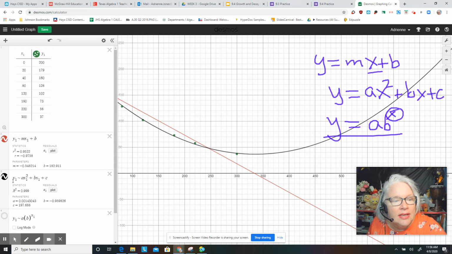And then here is my exponential. Bam. That one looks about spot on. It goes through every single point. So my guess is it's going to be the exponential one. Now back to my question. What steps/equation was used? Find a graph, a regression model to fit the data. So let's see.